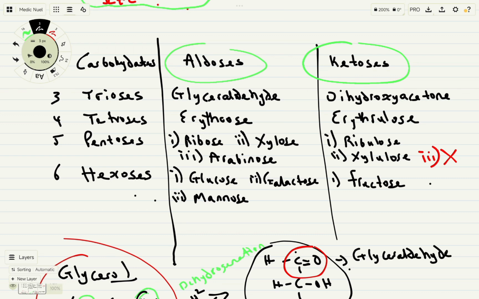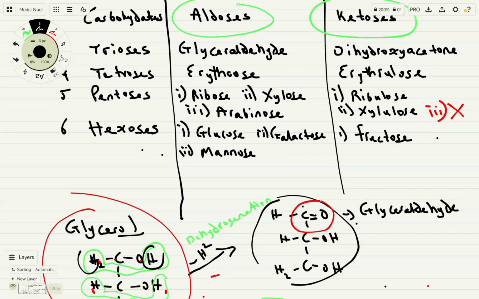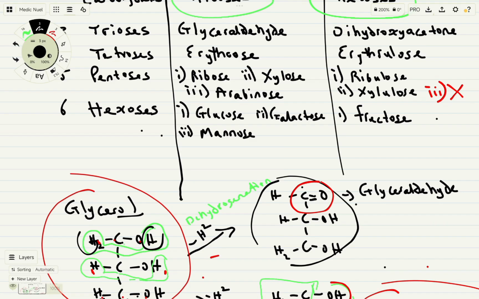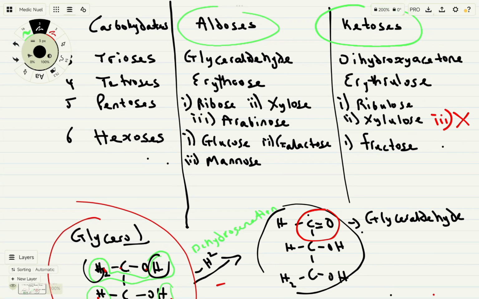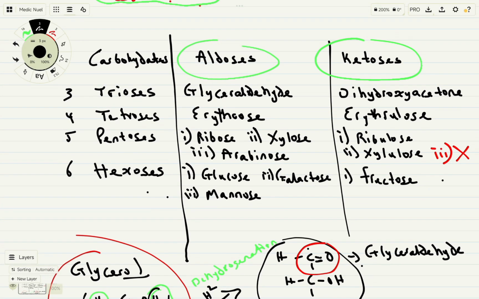Now I'm going to be showing you how to draw your pentoses. To draw your pentoses is very easy. From the word pentose, you know they have five carbon atoms. One way I remember them is, let me write it very nicely, is S-ray.